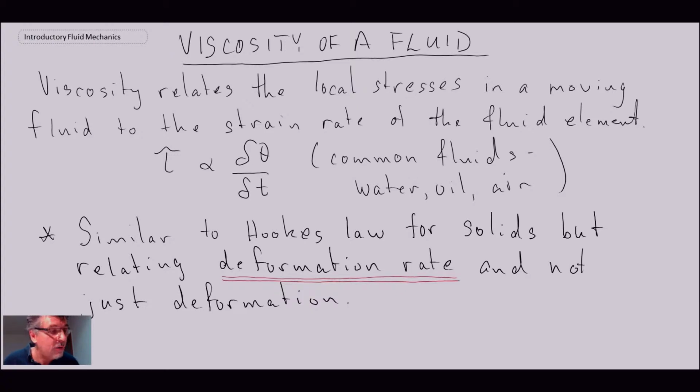Consequently, we see it within the equation that we're going to derive here. So we're going to start with a little element of fluid. Imagine we have a chunk of fluid, it looks something like this. First of all, let's define the size.